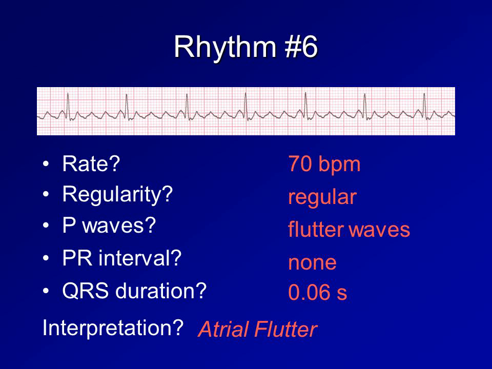Rhythm number 6: rate 70 bpm, regularity regular, P waves flutter waves, PR interval none, QRS duration 0.06 s. Interpretation: atrial flutter.